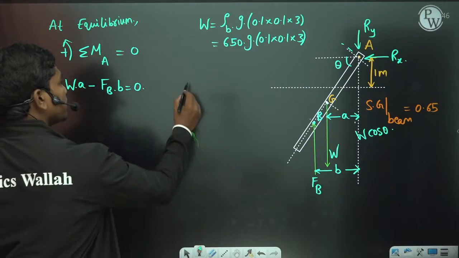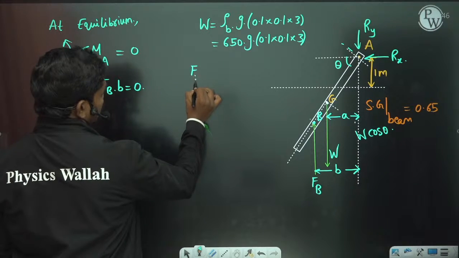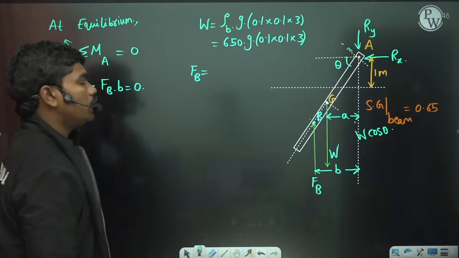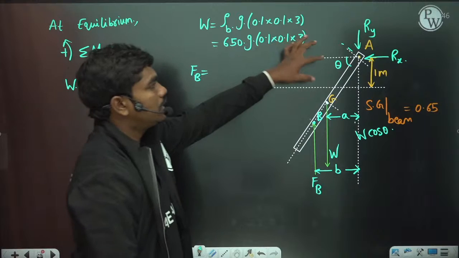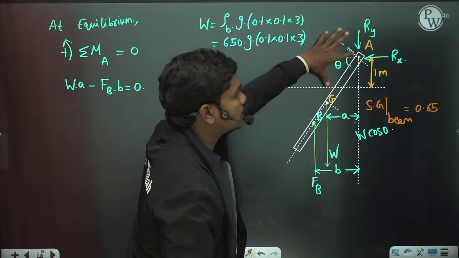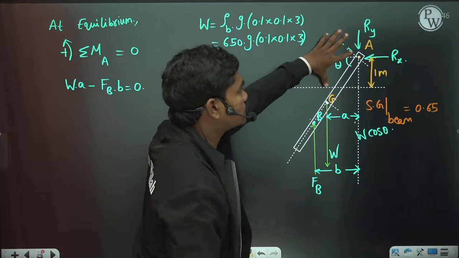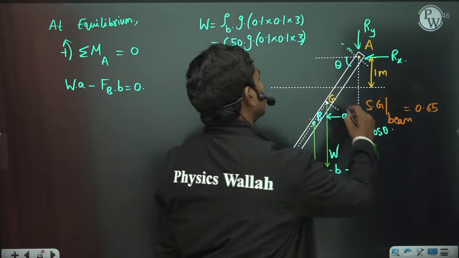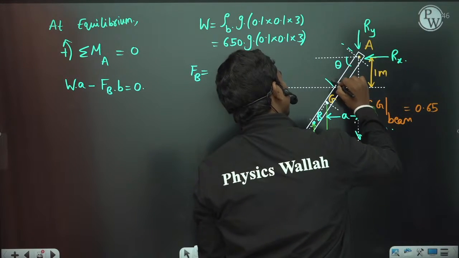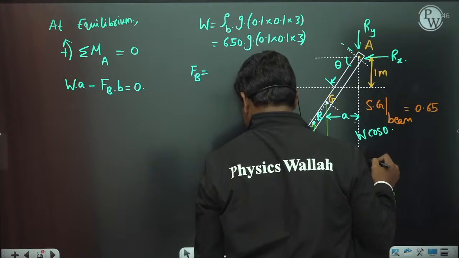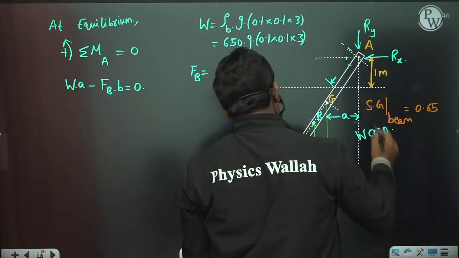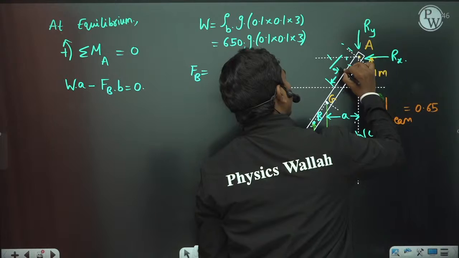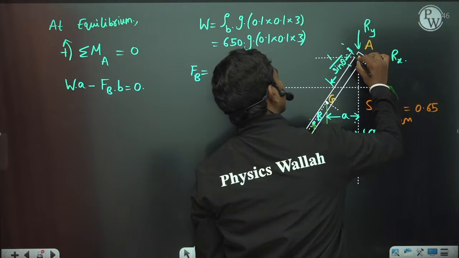Okay, now what is the buoyancy force? This is important. See, if this height is 1, then definitely this length along the beam is 1 by sin theta, correct?